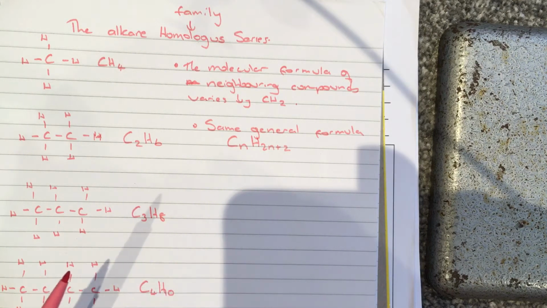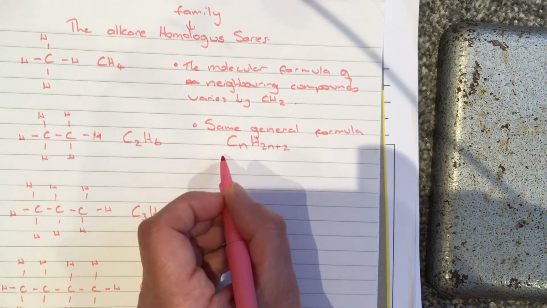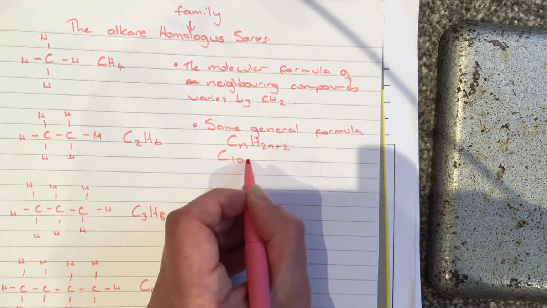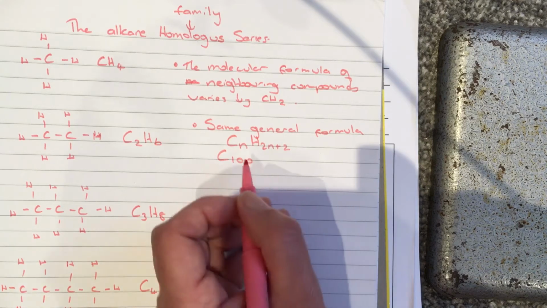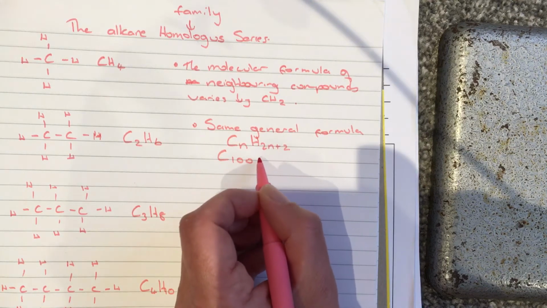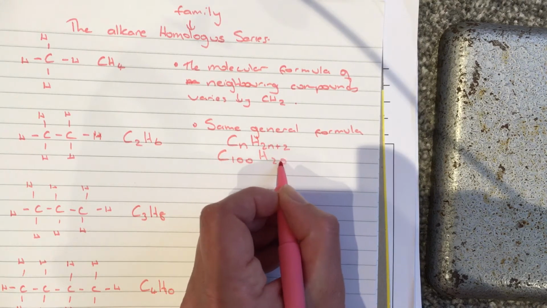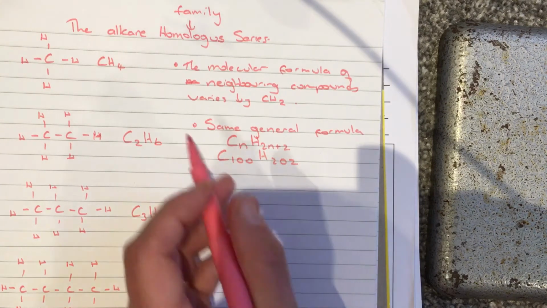You might be given the number of carbons in an alkane and be asked to work out the number of hydrogens, and this works for anything. So for example, if I gave you C100 and asked what's the formula of an alkane which has 100 carbons, well, it's 2 times 100 plus 2, so it would be H202.